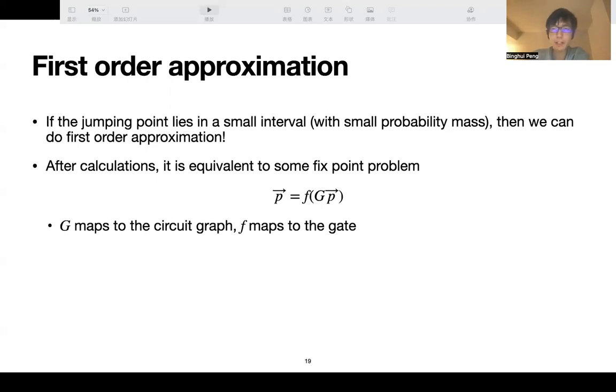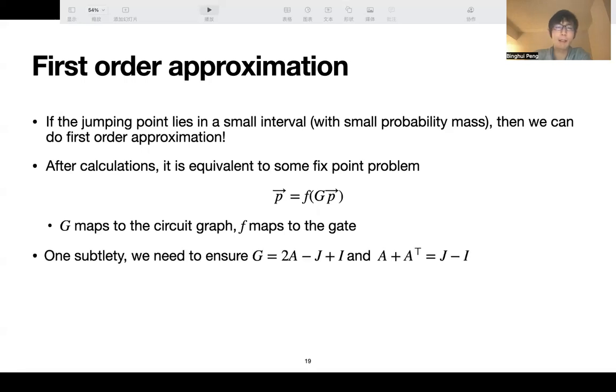This fixed point problem is quite standard for reductions, and one can map G, which is an n by n matrix, to the circuit graph, and F maps to the gates of the generalized circuit. But unfortunately, there's still one subtlety here: the matrix G has certain properties, and the function F here needs to be monotone.